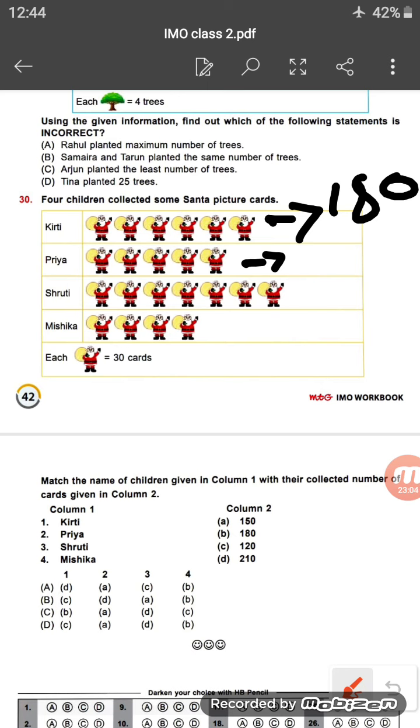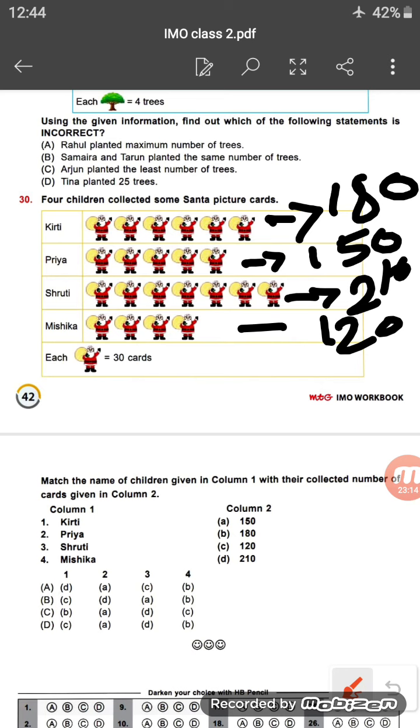Priya has collected 150, Shruti 210, and Mishika 120. Now it is easy to match: Kirti 180, Priya 150, Shruti 210 and Mishika 120. So which option will be correct? Option C.